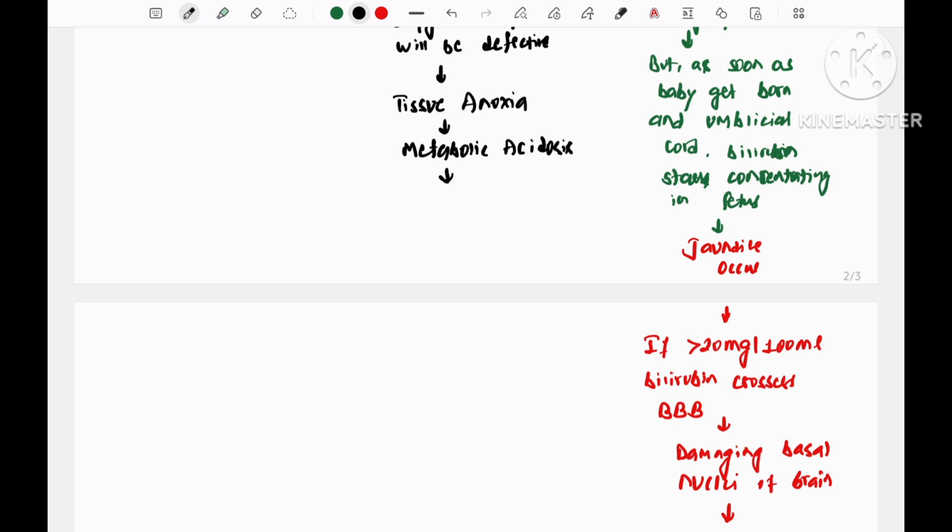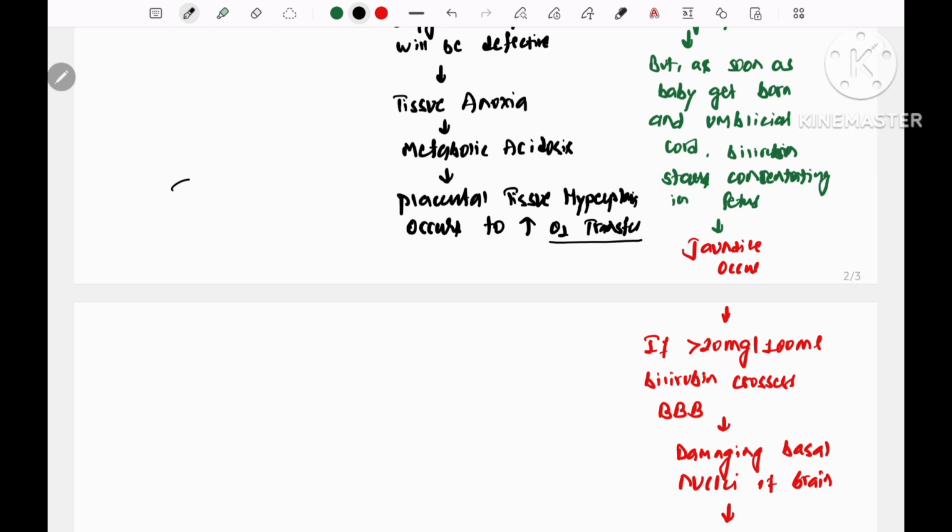So placental tissue hyperplasia occurs in order to increase oxygen transfer. But what defect is there? Is there a defect in the oxygen transfer? No, there is a defect in the oxygen transport.